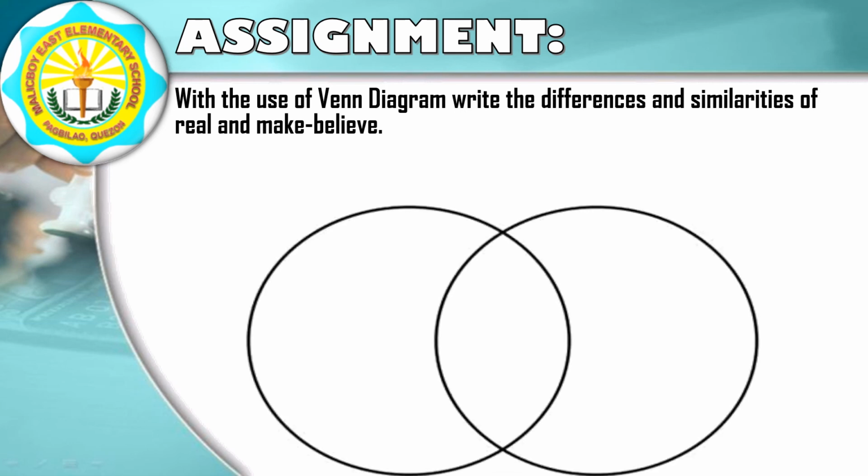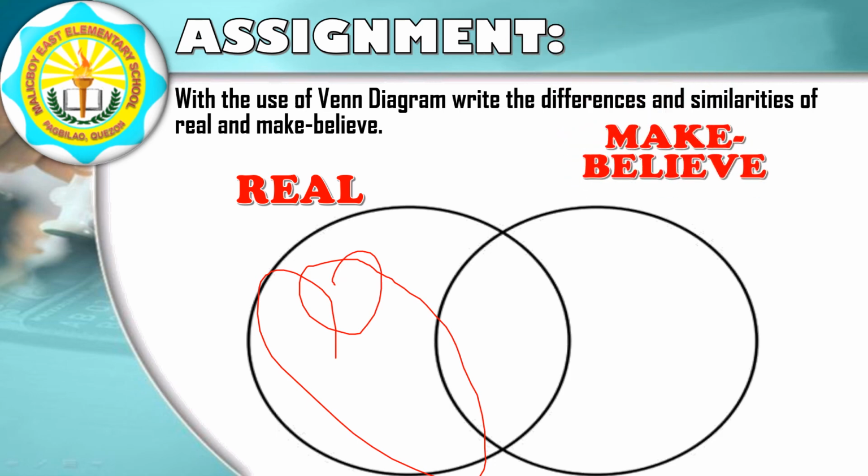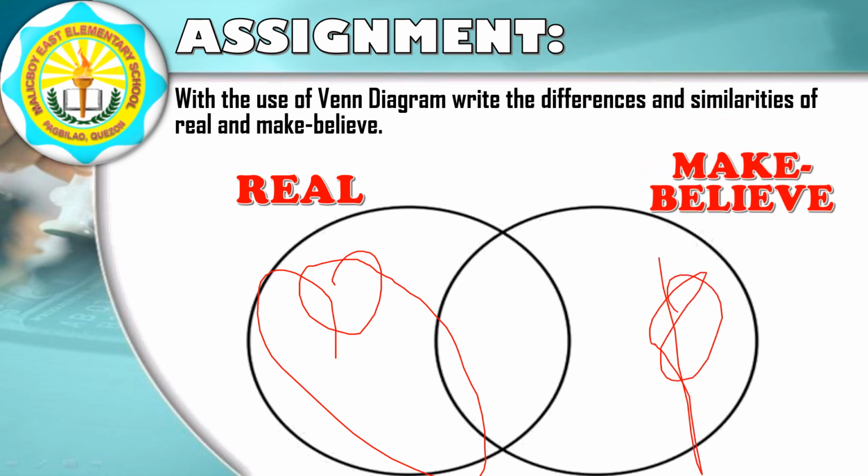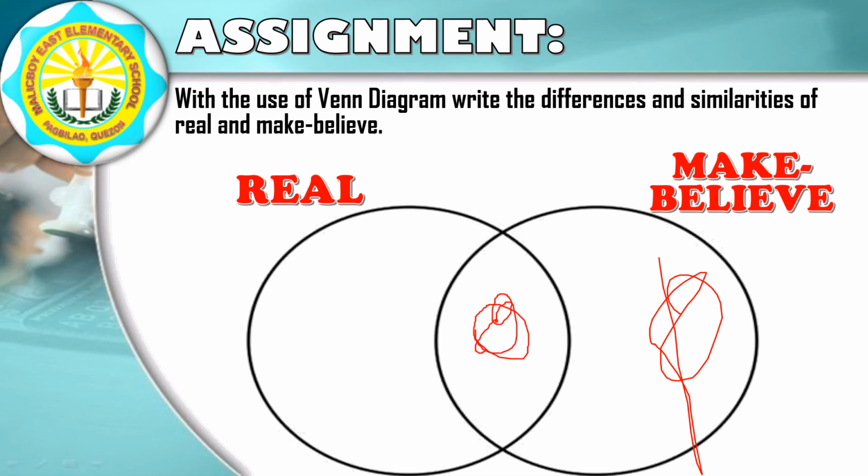So, gamit tong Venn diagram, yung nasa left, isusulat ninyo yung mga nakalagay dyan sa real. And next, ang isusulat nyo sa right side dito is the make-believe or the exaggeration. Tapos dito sa gitna, isusulat ninyo ang pagkakapareho ng real at make-believe.